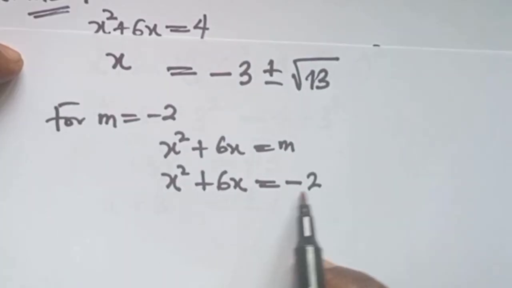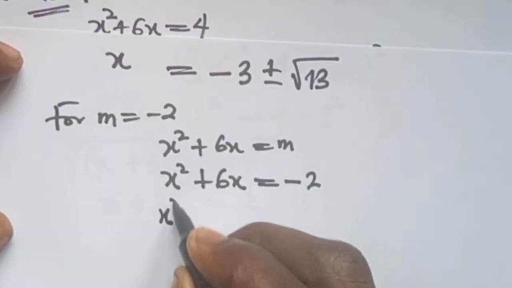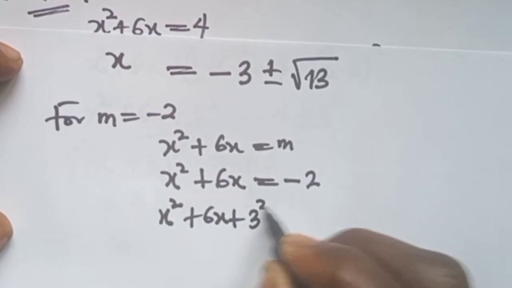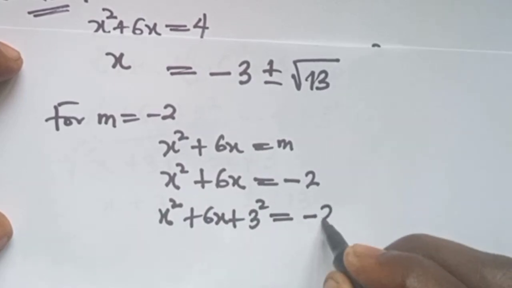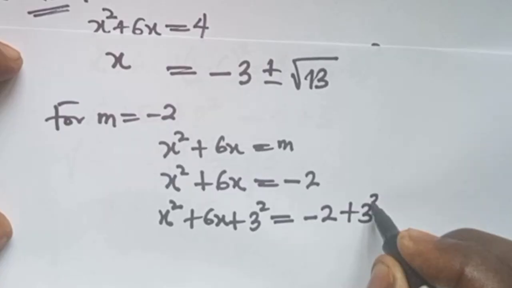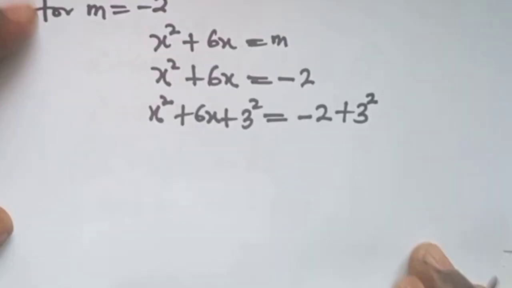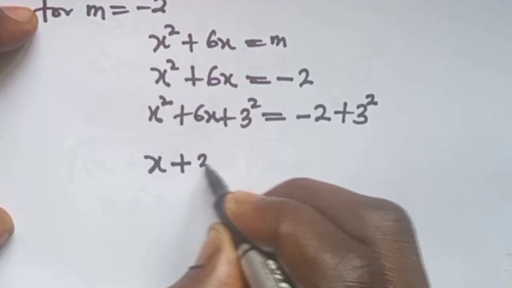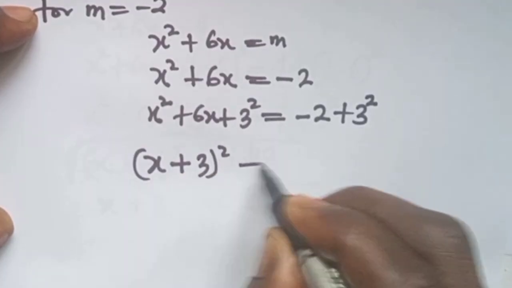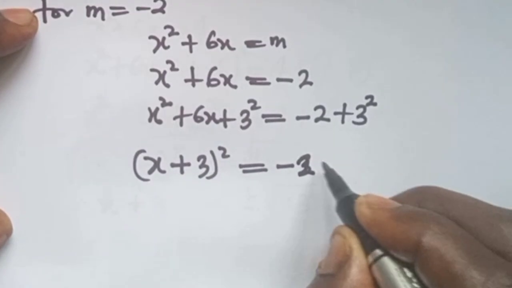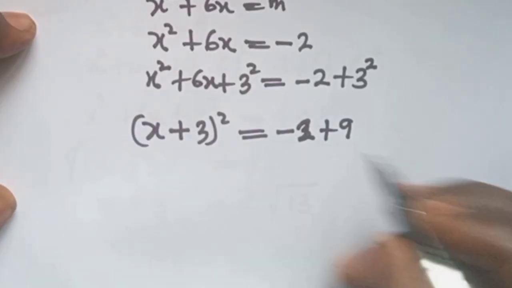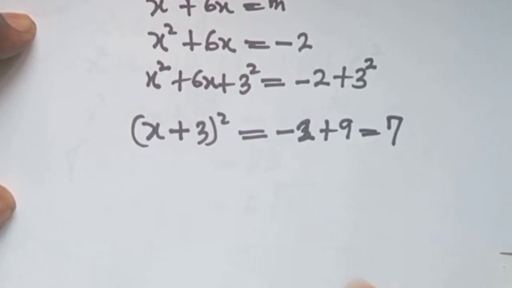Using completing the square, we have x to the power of 2 plus 6x plus 3 to the power of 2 equals minus 2 plus 3 to the power of 2. Again, (x plus 3) to the power of 2 equals minus 2 plus 9, which equals 7.